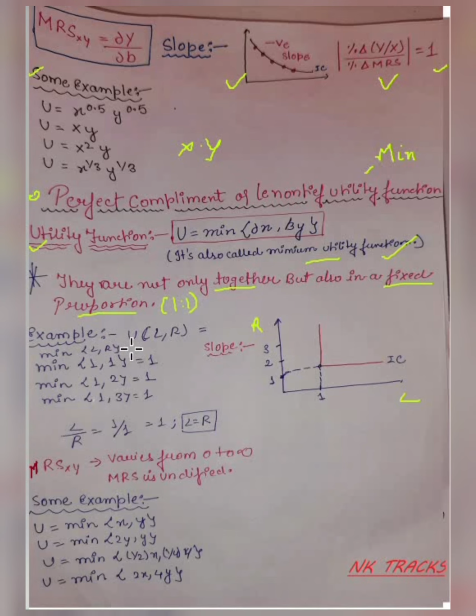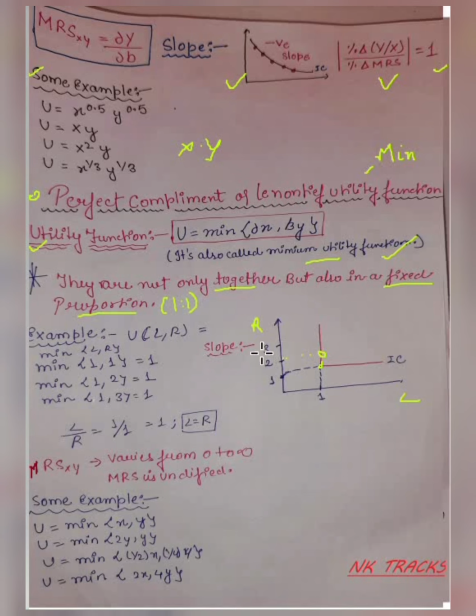Let's see an example. Here the utility function is u is equal to min of L, R. If we take 1:1, that is one left shoe and one right shoe, the utility function would be 1. If we take one left shoe and two right shoes, the utility function would still remain 1.